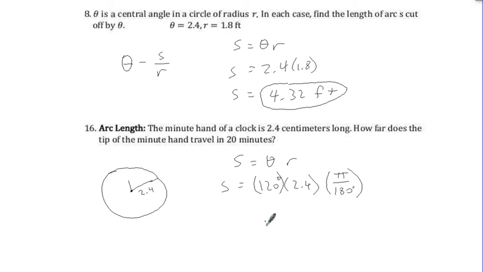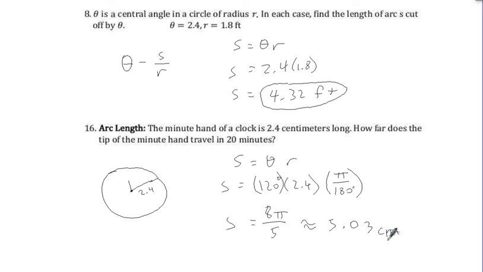So 120 divided by 180 times 2.4 is going to simplify to 8/5, and the pi will remain. This is going to be approximately 5.026, we'll say 5.03 centimeters.